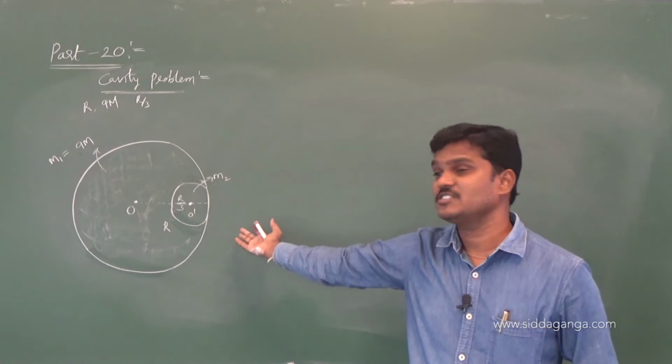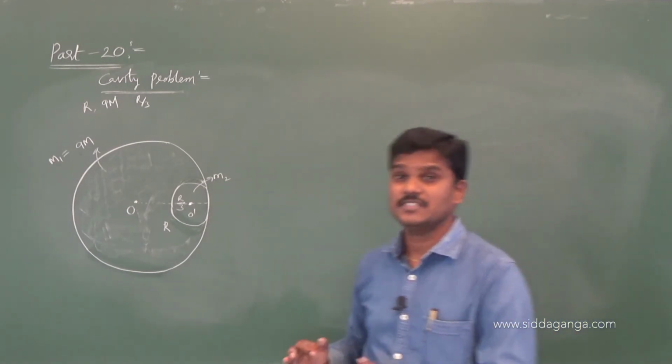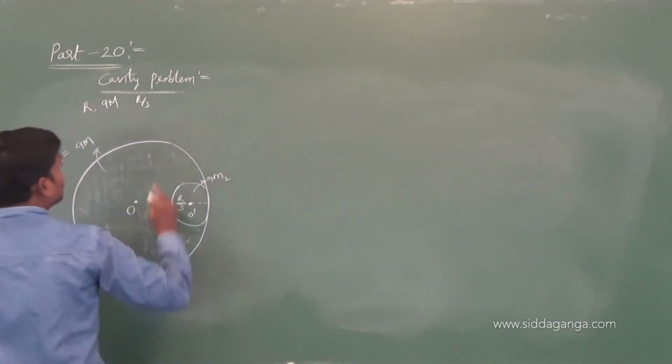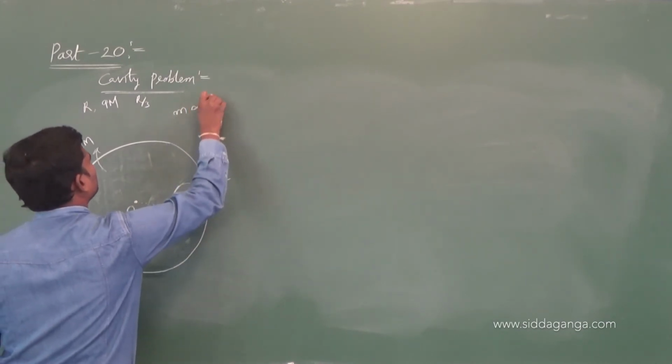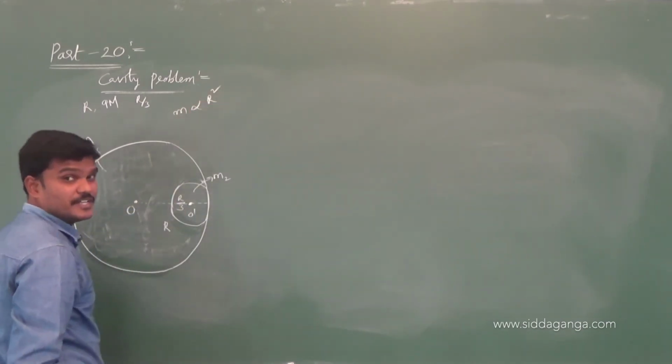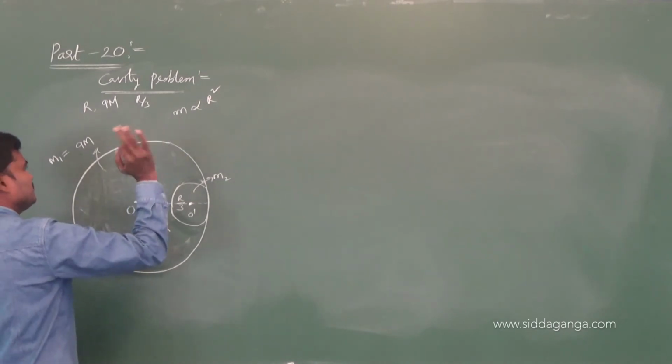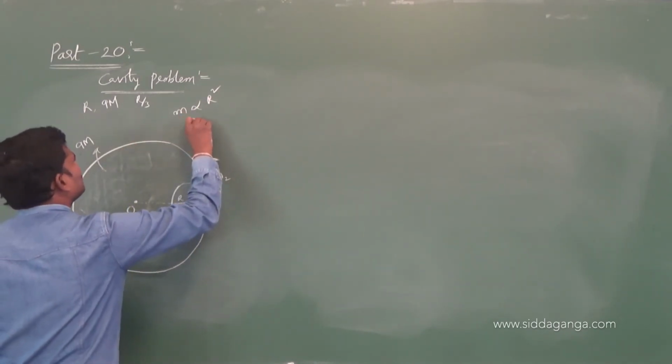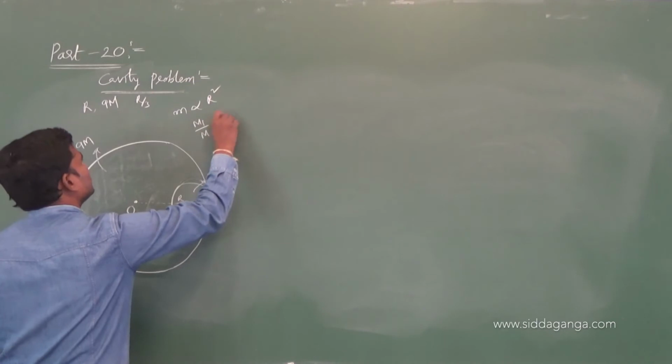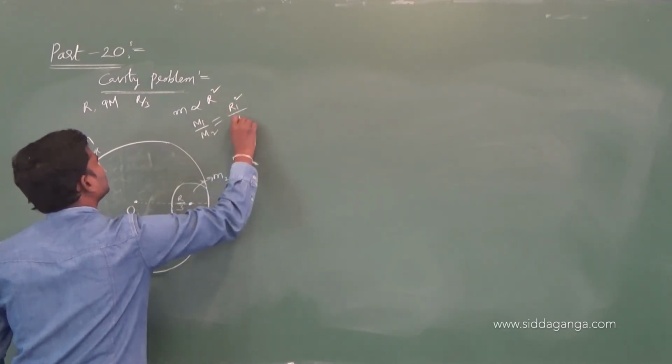Mass of the disc is anyhow proportional to what? Mass of the disc is proportional to the square of the radius. Capital M or small m, mass, that's it. So we can write m1 by m2 is equal to r1² by r2².